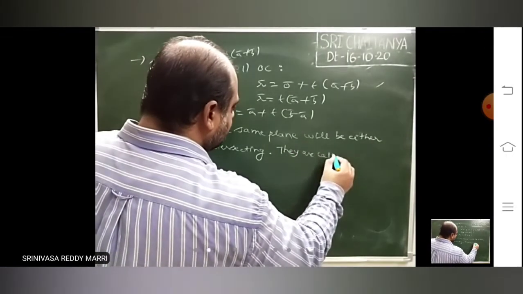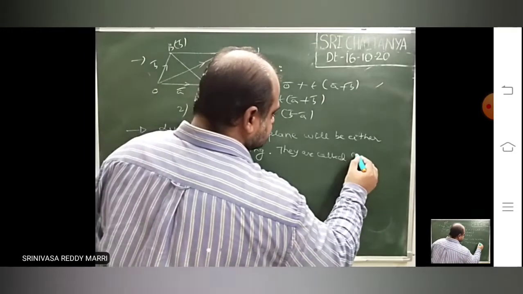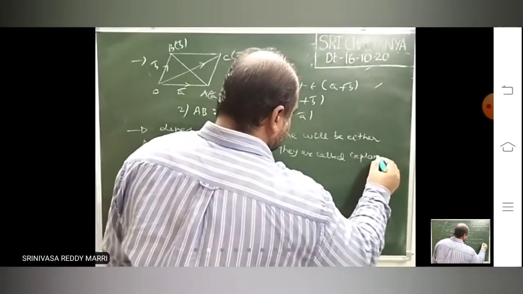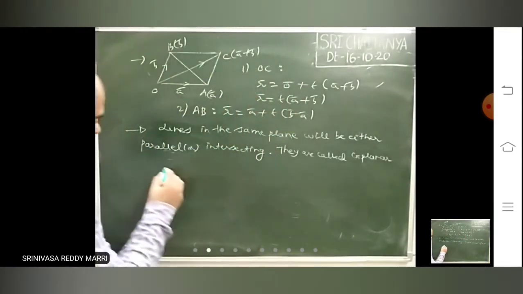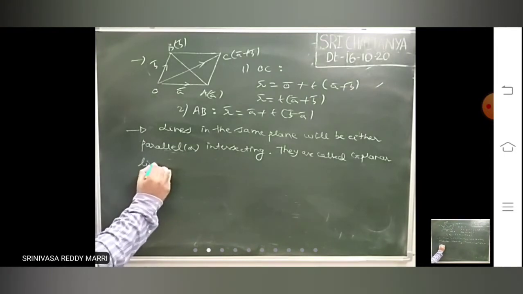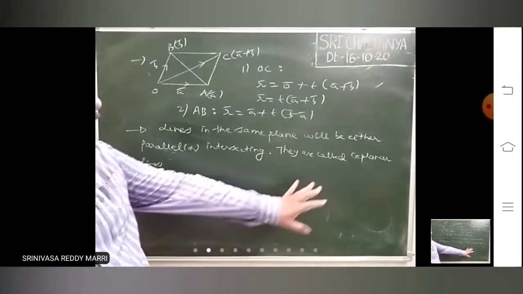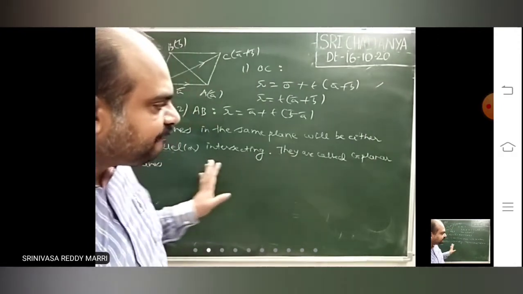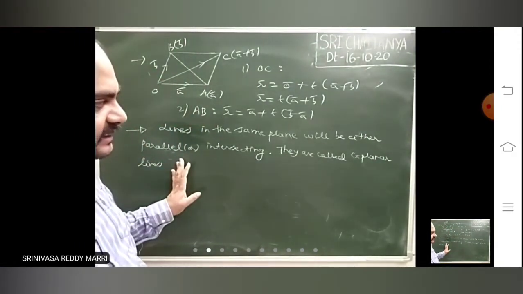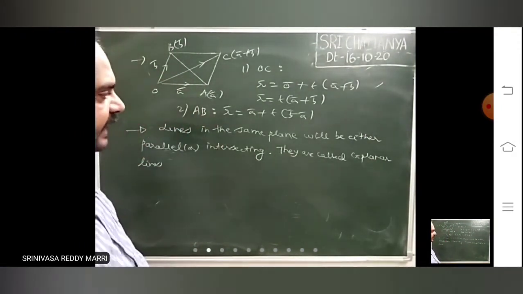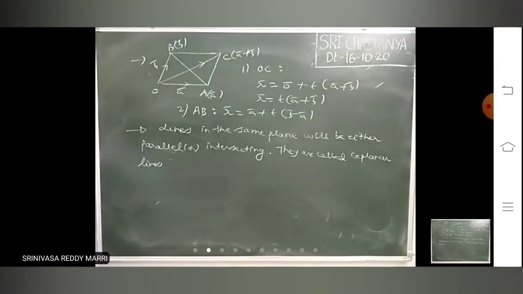They are called coplanar lines. Just simple. Lines lying in the same plane are called coplanar lines. If they lie in the same plane, they will be either parallel or intersecting.